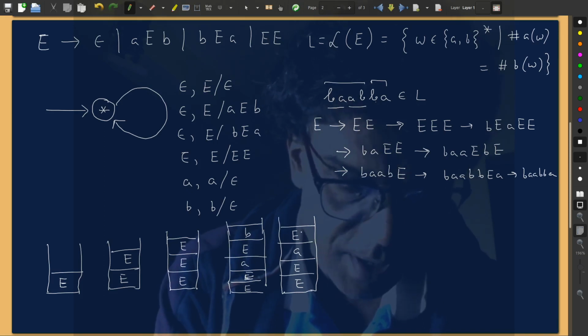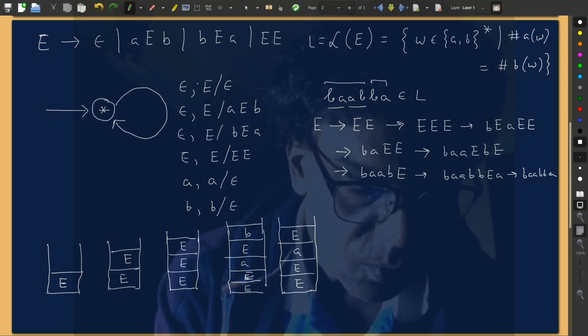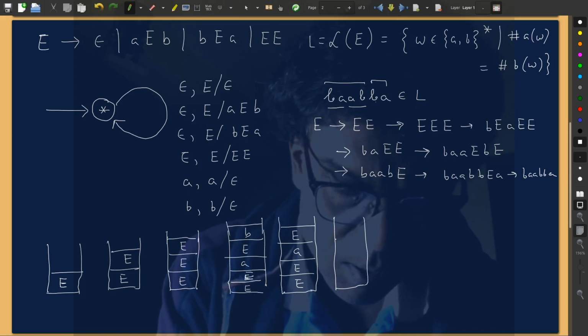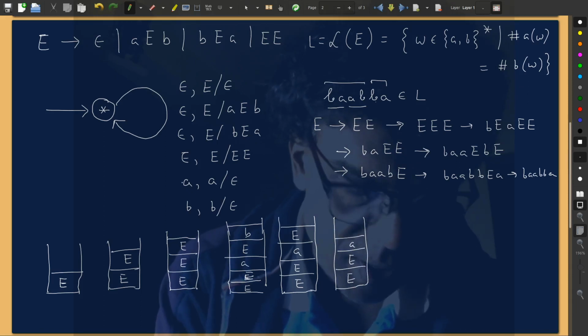Am I correct? Yes. E can be epsilon. So I apply this rule. So this now becomes A, E, E.